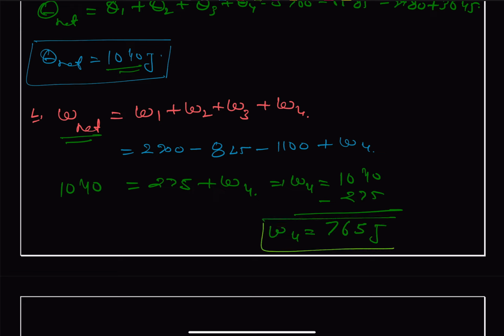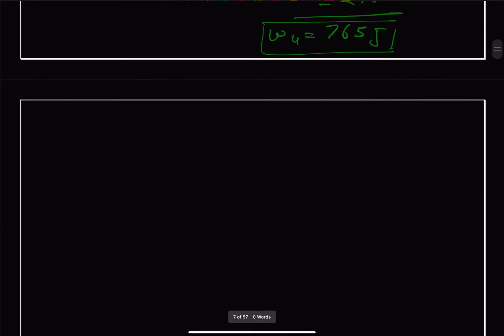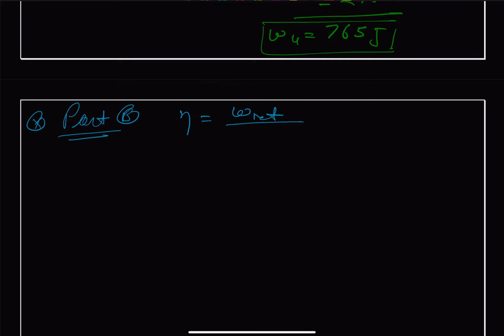And efficiency, that is part B. In part B, we can write our efficiency will be equal to W net upon Q input. Okay.